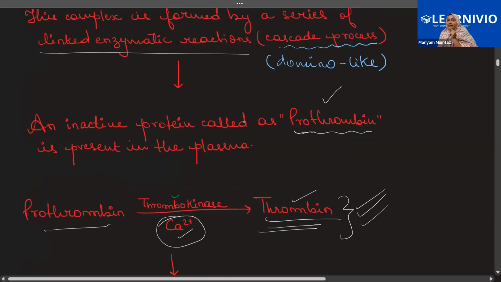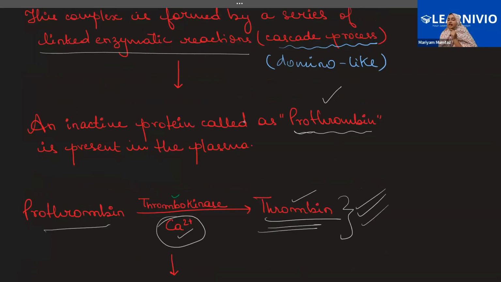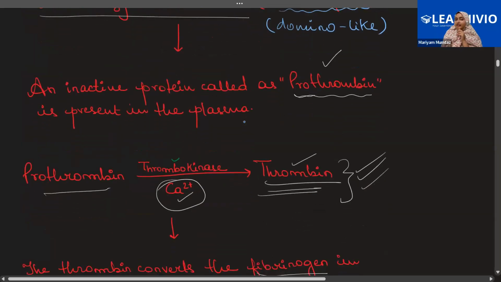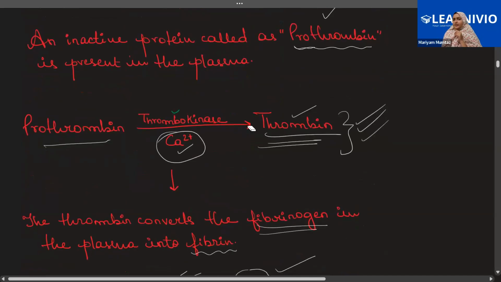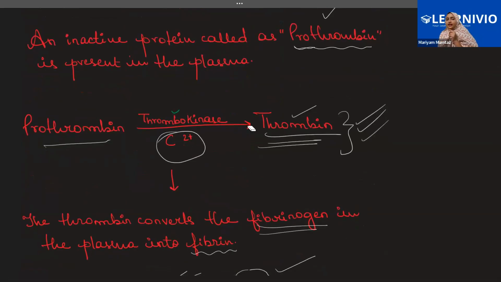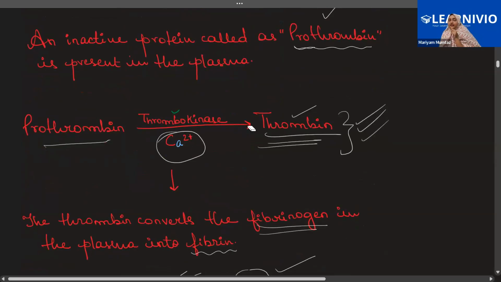Now, an inactive protein called prothrombin is present in our plasma. Now, calcium ions are also there in our body. So, prothrombin is inactive, right?